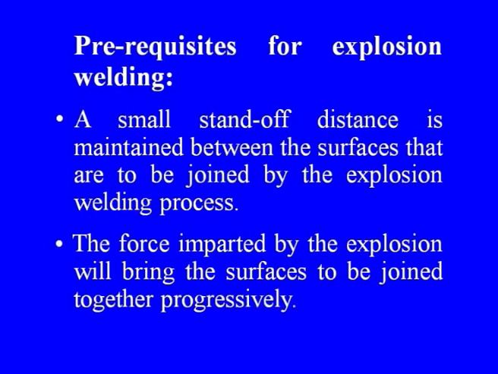Let us note the prerequisites for the explosion welding process. Number 1, a small standoff distance is maintained between the surfaces that are to be joined by the explosion welding process. Number 2, the force imparted by the explosion will bring the surfaces to be joined together progressively.